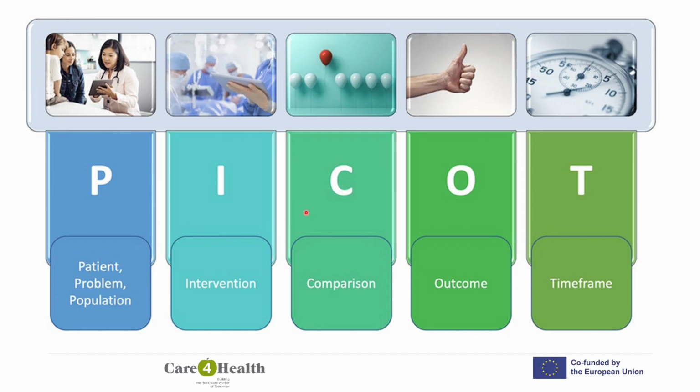The C component, is there a comparison, treatment, or exposure to be considered? The comparison may be with another treatment or exposure, such as exercise or placebo or no treatment at all. And the outcome element is what would be the desired effect you would like to see.